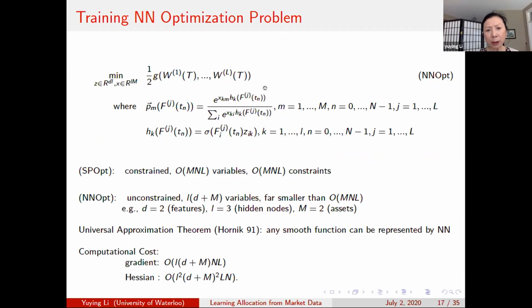In the neural network training optimization, as you have more feature variables, that is my D here, it essentially scales up linearly with the number of features if you just do gradient descent. If you do Hessian descent, it will scale quadratically with the number of features. So there are a few ways that computational cost can grow. One is the number of assets, the number of features. They scale up linearly or quadratically.